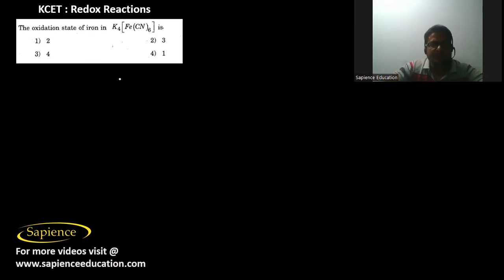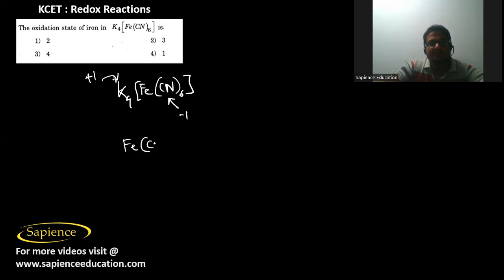Then here it is asked, the oxidation state of iron in K4[Fe(CN)6] is? Here potassium is in +1 oxidation state, and CN is in -1 oxidation state. So the net charge for the Fe(CN)6 complex ion is 4 minus.